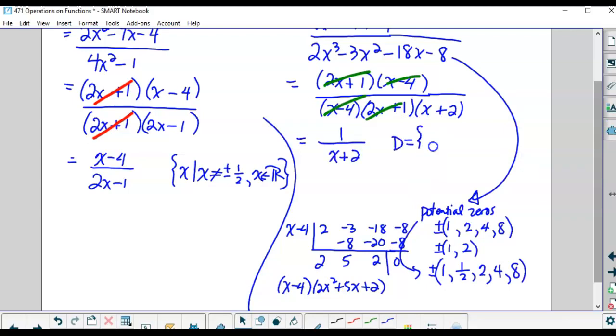And your domain here would be all real numbers if it wasn't dividing. What makes the denominator equal to 0 would be x. So x can't be negative 2, negative 1/2, and positive 4. All the non-permissibles from the denominator. Okay?